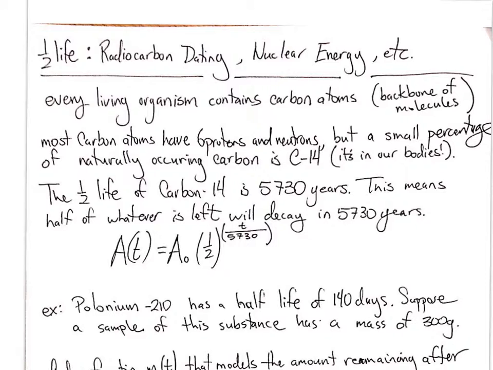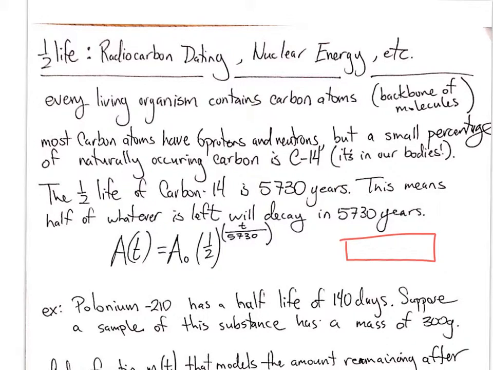This naturally occurring radioisotope, C14, is in our bodies, in all organic things, and it decays. The half-life of carbon-14 is 5,730 years. What that means is it takes this long for half of it to decay.